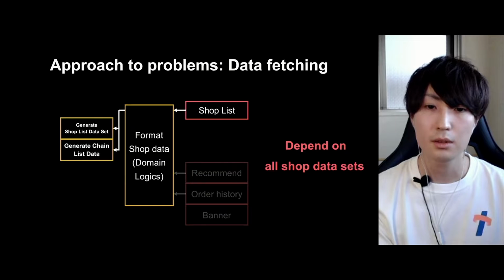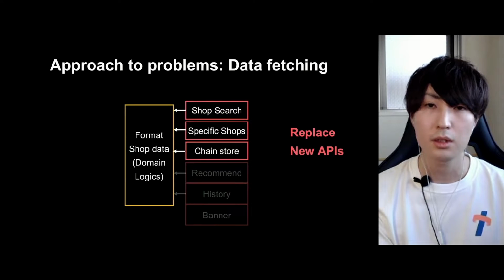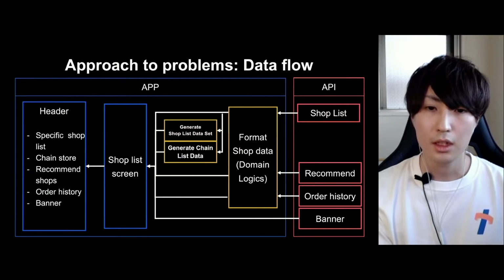There was an extraction process using all store data that was implemented in the client. Since that process was dependent on all data, fetching with paging would cause a problem with the extraction process. Therefore, we made the extraction process run on the backend side, and a new API was created to retrieve that data. So that is how we organized the backend API.